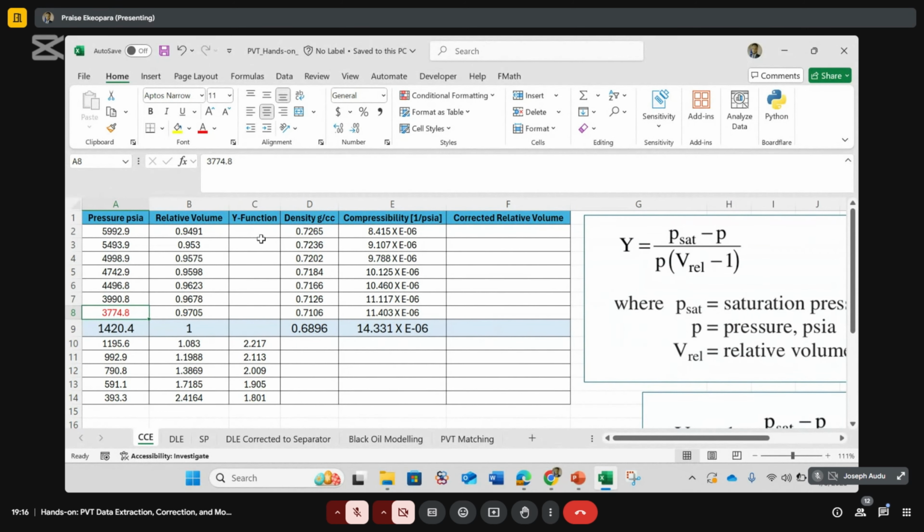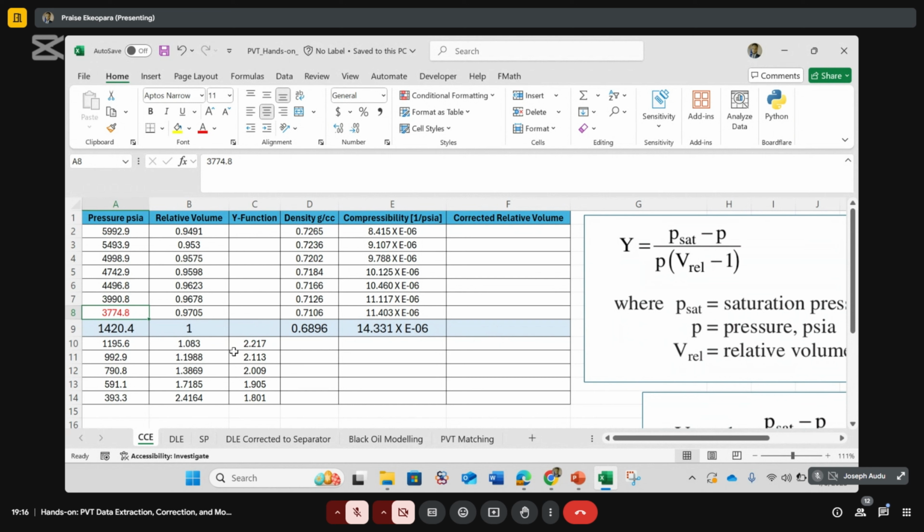So for our Y function that we are seeing, right? So we have this Y function. This Y function is a dimensionless factor that is used to correct our relative volume below the bubble point. And you know why? When we reviewed the CCE experiment, we discovered that at pressures way above our bubble point, the volume of oil is 100% oil.